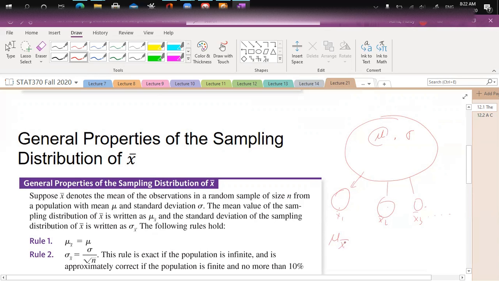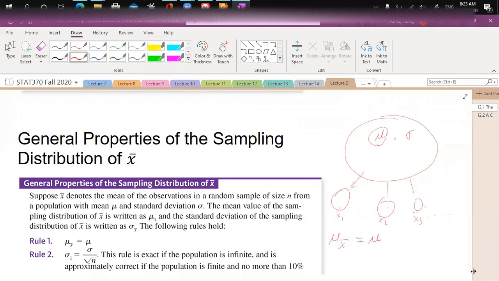Call that mu x bar, the mean of the x bar, with subscripts. And this is equal to mu, which is the actual population mean. So the average of all these means will be the same as the population mean. That's what we are saying here.